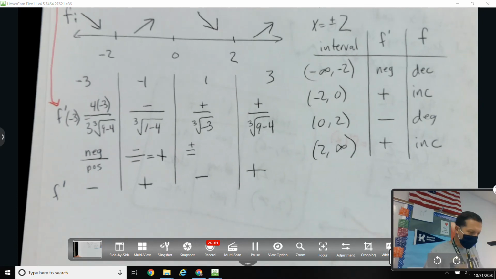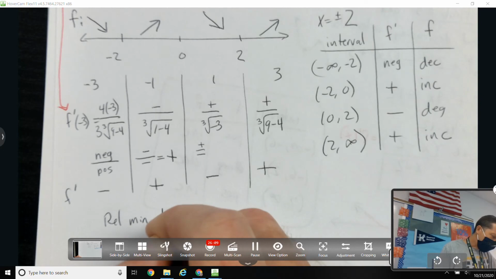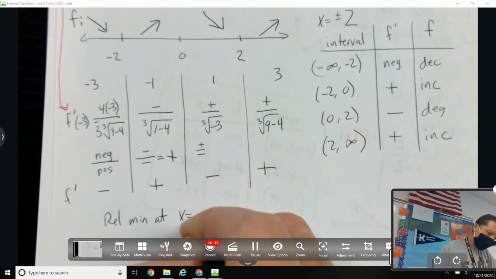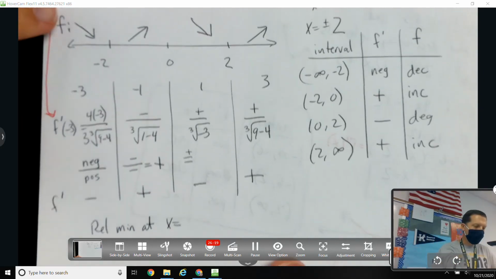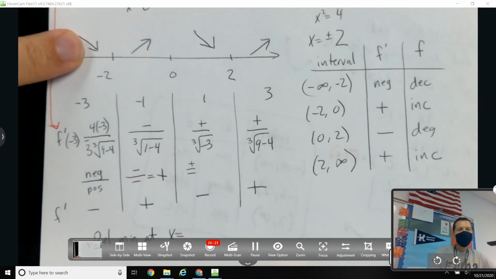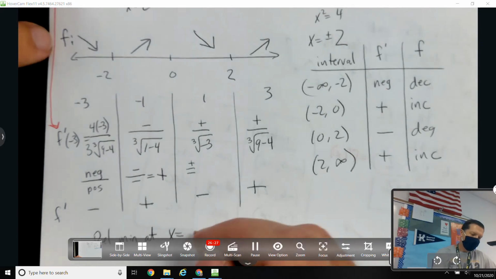All right, that's a lot of information. What question was asked? Find the relative extrema. Okay, well, there's a relative minimum at x equals, where's my relative minimum at? Again, this is where the picture helps. So where's my first relative minimum? -2.